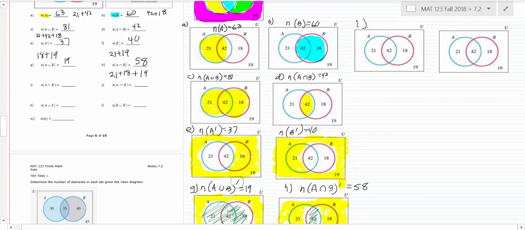Okay, so I, we are doing the number of elements in A intersect B complement. Okay, this is where it starts getting a little bit harder now. So what I'm going to do on this is, now, you can do whatever you need to as a student. I usually just do check marks. So, okay, if you're in A, you're there and there.